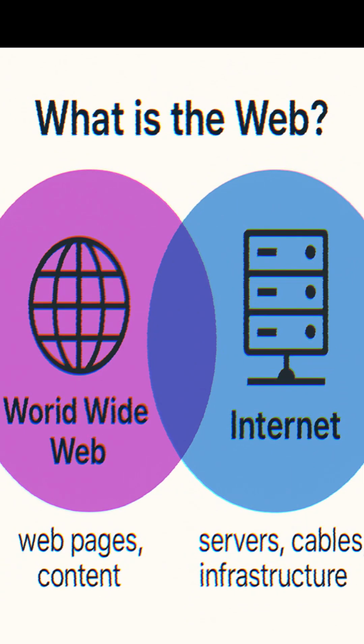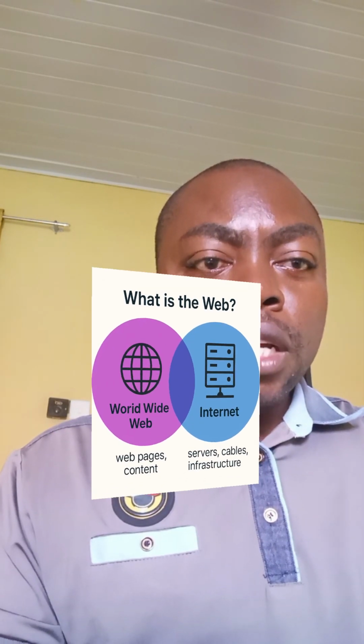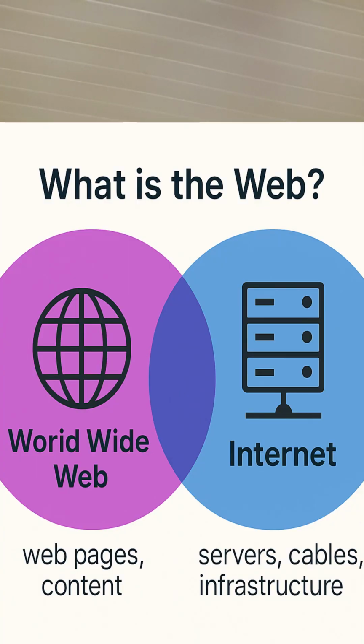So, the first thing we are going to start with is, what is the World Wide Web? The World Wide Web, which is simply known as the web, is a collection of information such as documents, images, videos, and more that are accessed over the internet. We can look at it as a collection of multimedia documents on the internet.